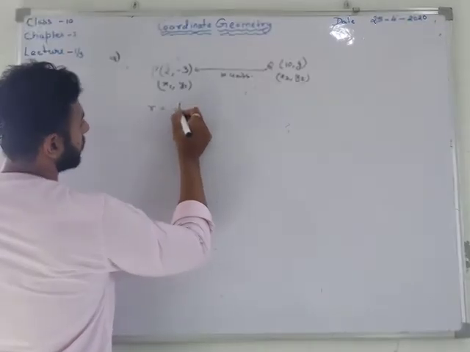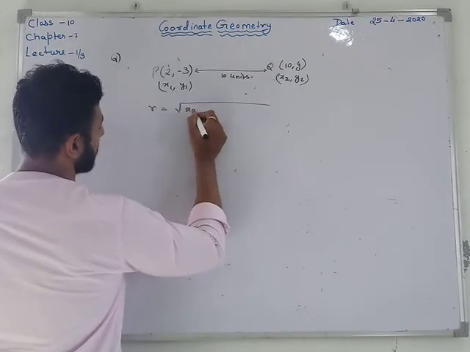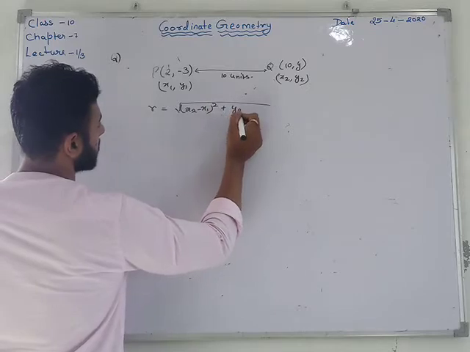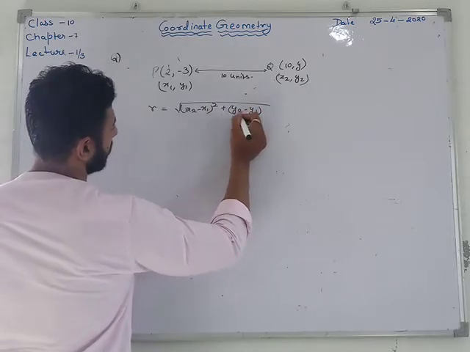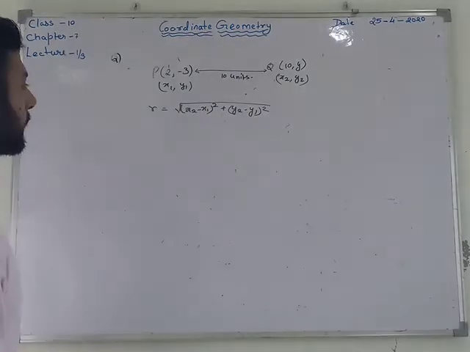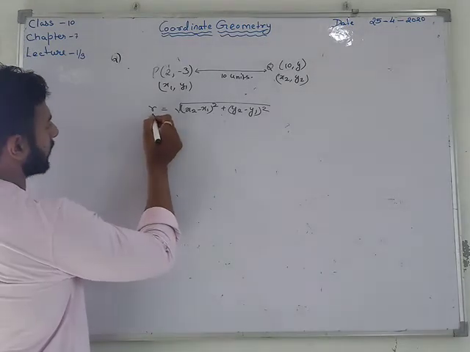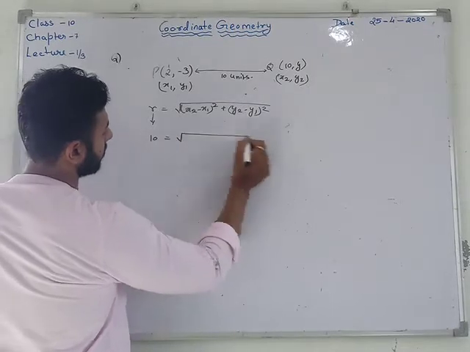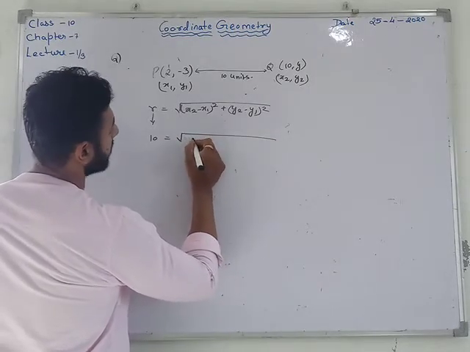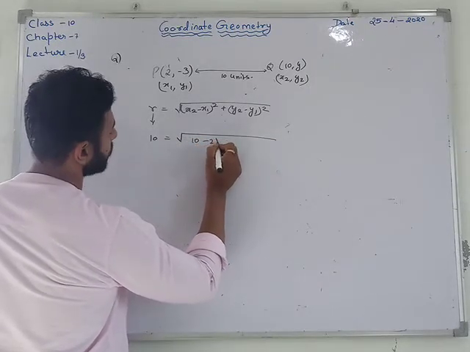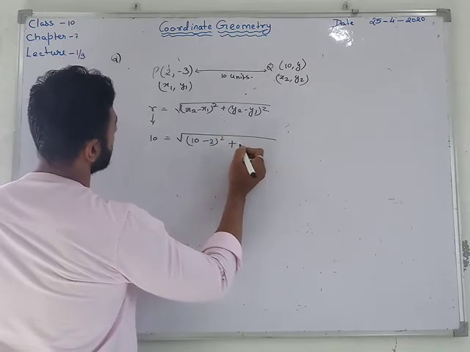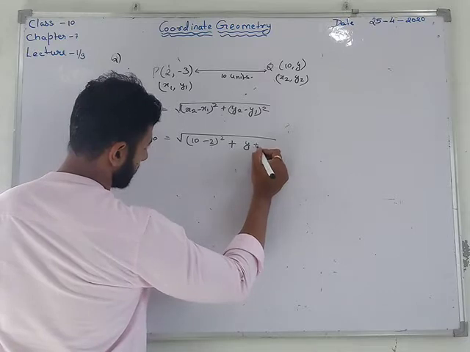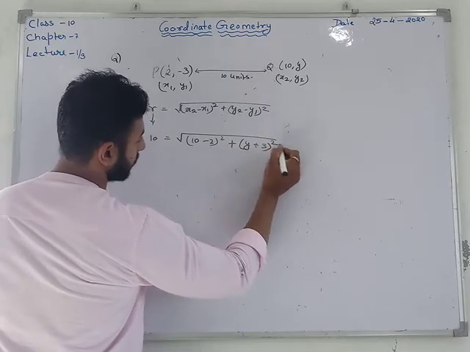Distance formula: under root of (x2 minus x1) whole square plus (y2 minus y1) whole square. This distance is given as 10 units. Under root of (x2 is 10 minus x1 is 2) whole square plus (y2 is y minus of minus 3, will be plus 3) whole square.